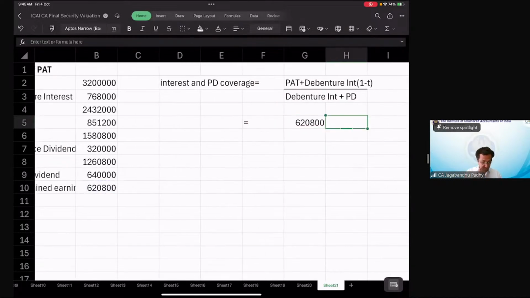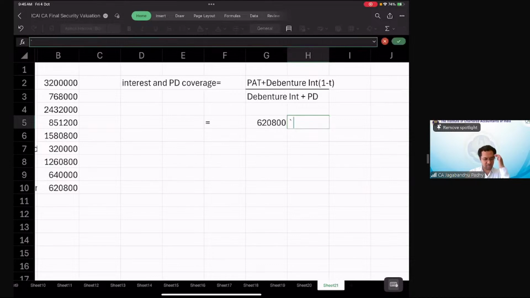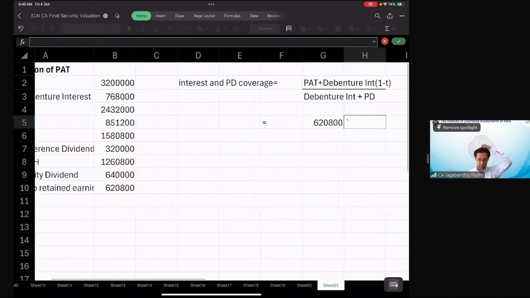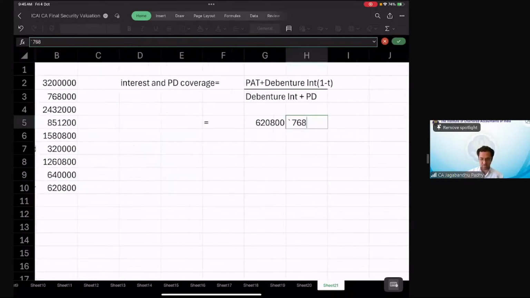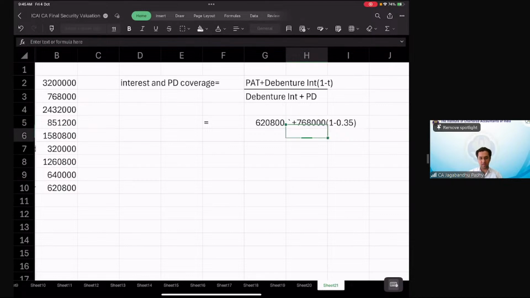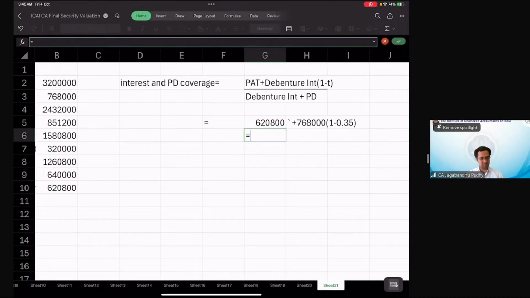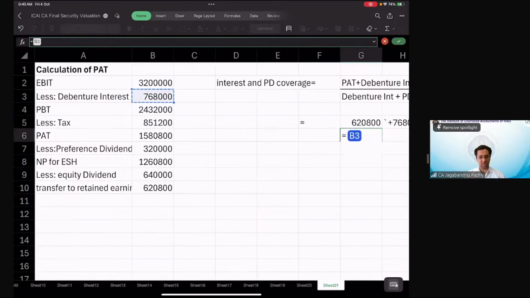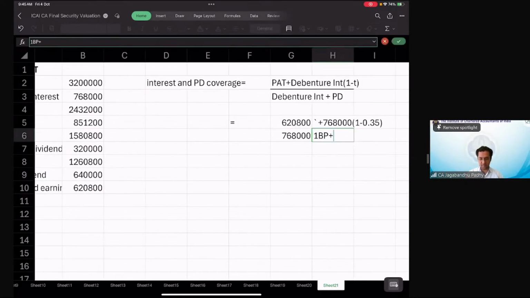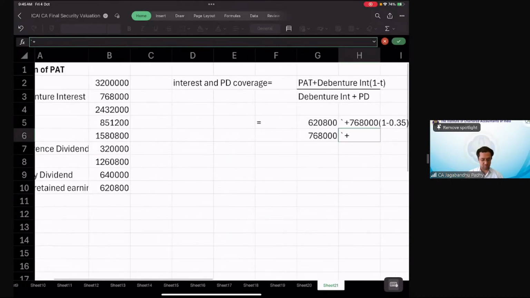So PAT is 6,20,800. To that, we are going to add interest of 7,68,000 into 1 minus 0.35, and then we divide it by debenture interest of 7,68,000 and add to it the preference dividend, which is 3,20,000.